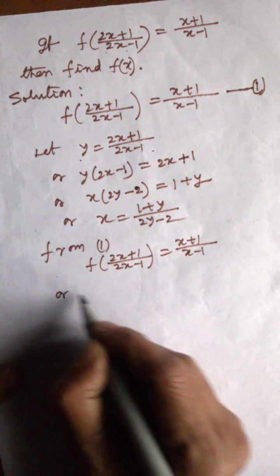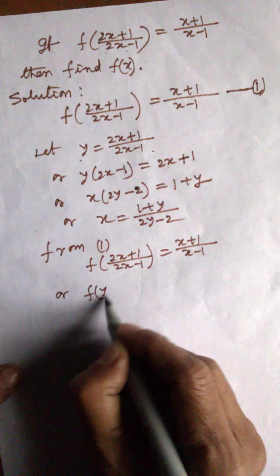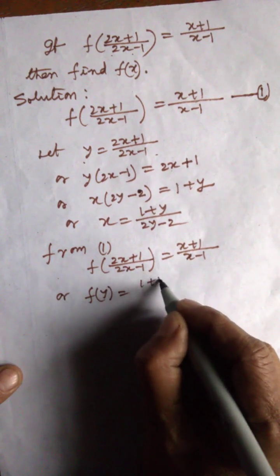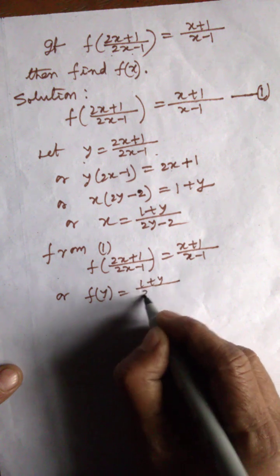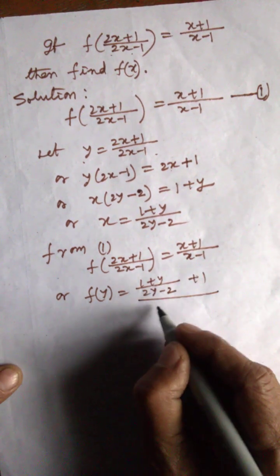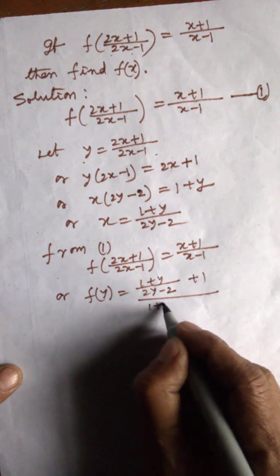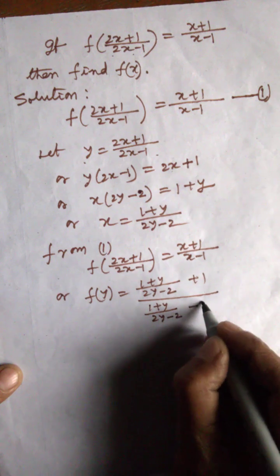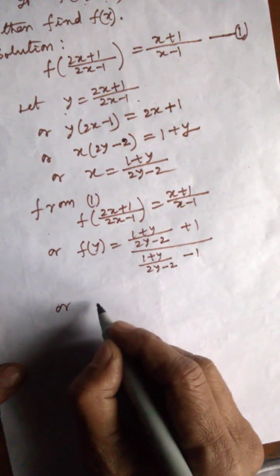So we can write f(y) = ((1+y)/(2y-2) + 1) / ((1+y)/(2y-2) - 1). Now simplify again.